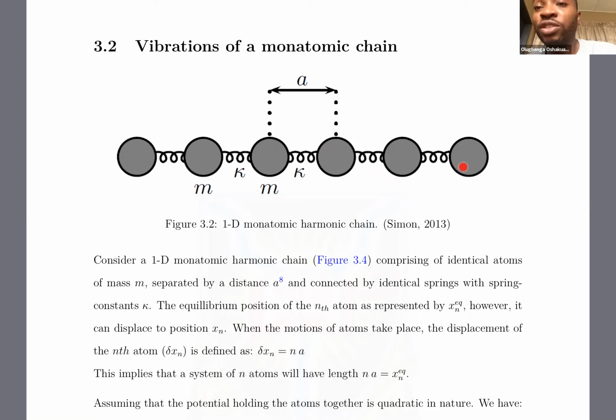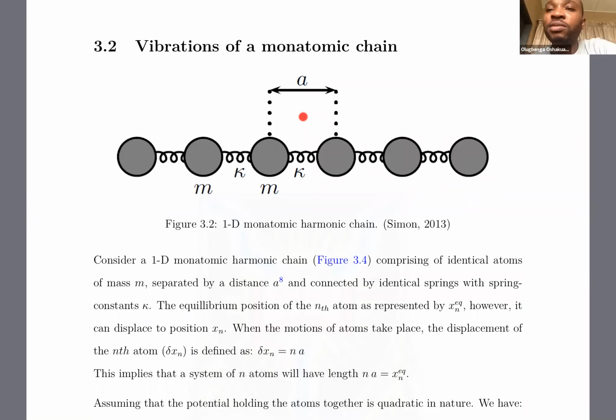They have a mass m, and they can be said to be connected by springs of spring constant kappa, and the distance of separation between each of the particles is the lattice constant A.